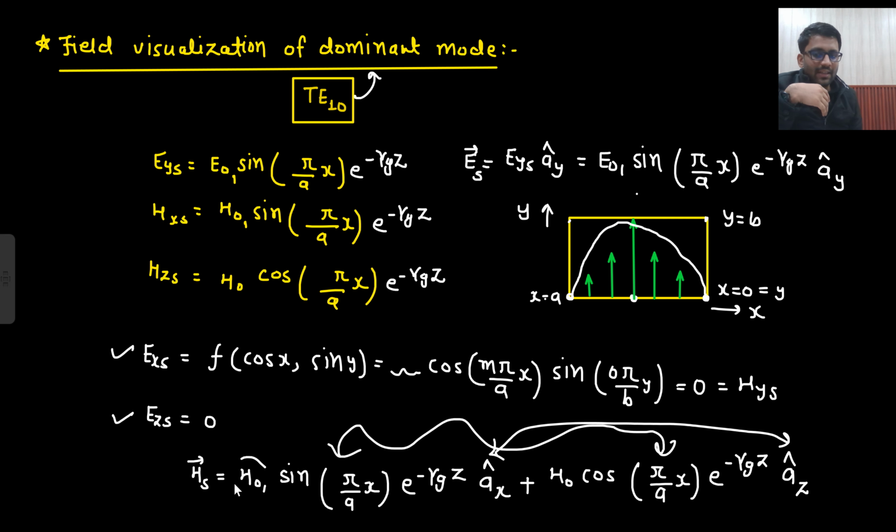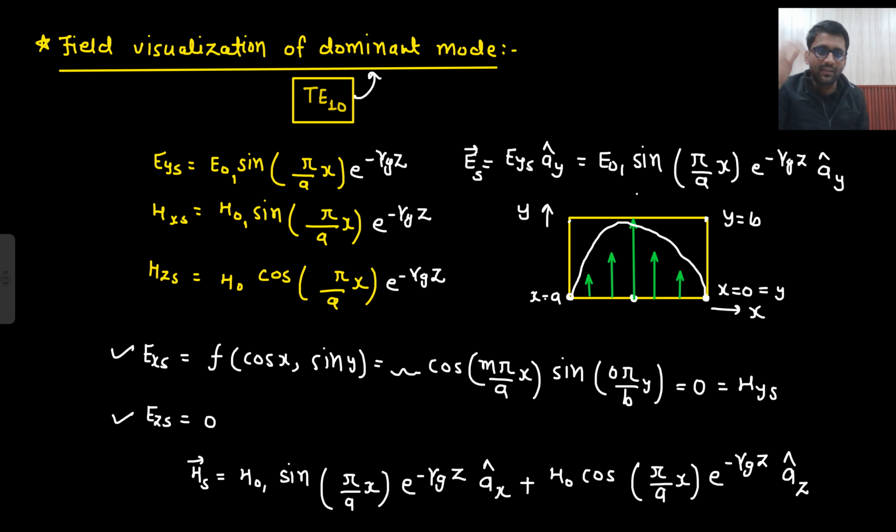If the magnitude is same, then the resultant will be circular, and if the magnitude is different, then the resultant will be elliptical. So the resultant of this field will be circular in xz plane, which will be propagating in z direction.